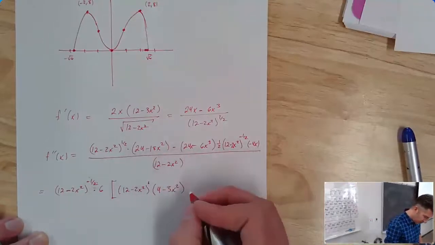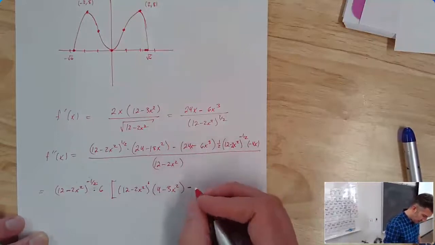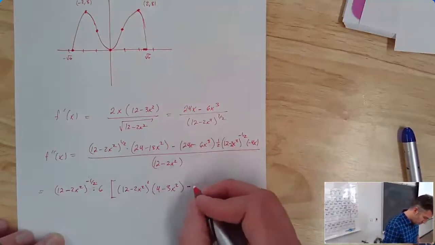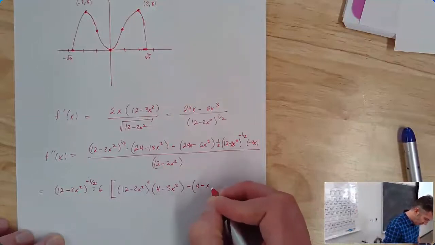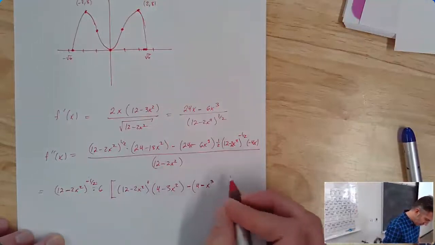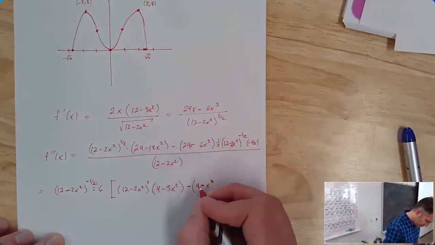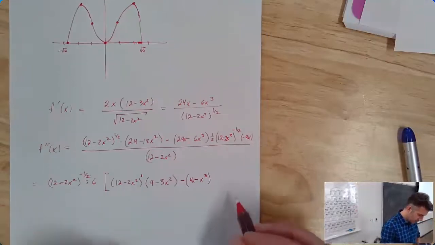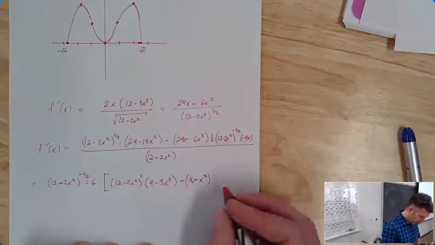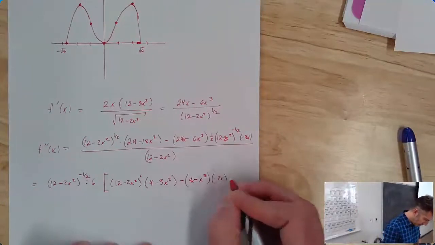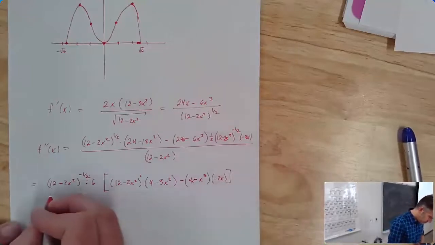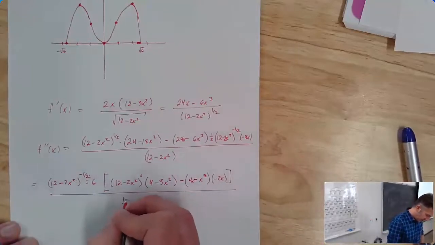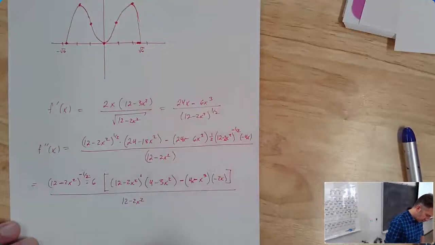Over here, if I factor out a 6, I'm left with a 4 minus x cubed, 4x, sorry. My brain just doesn't want to get all the x's for some reason. And a 1/2 times a negative 4x is a minus 2x. And the 12 minus 2x squared to the negative 1/2 got factored out, all divided by 12 minus 2x squared.